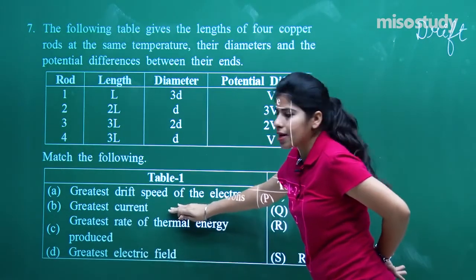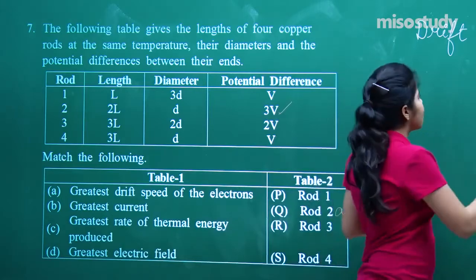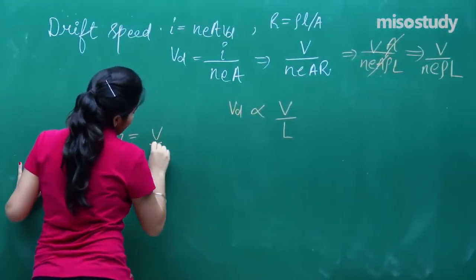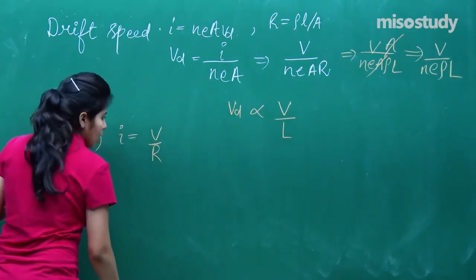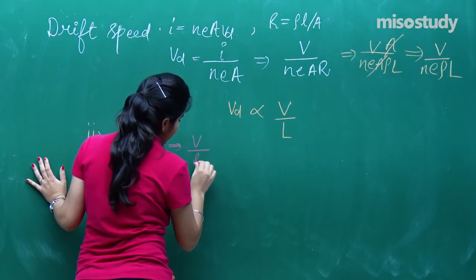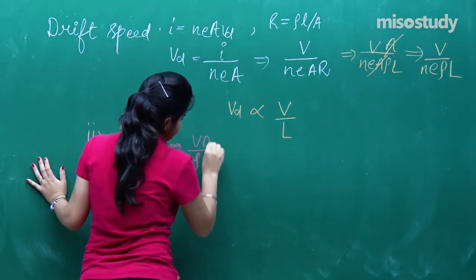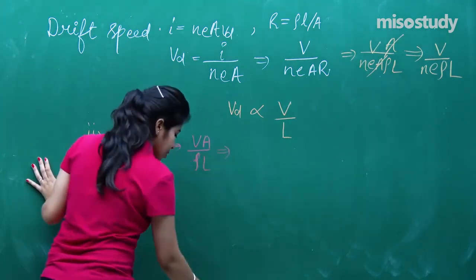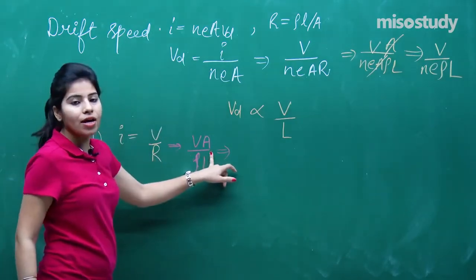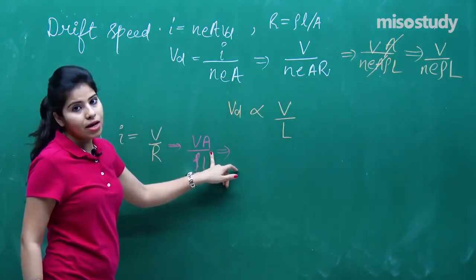Now greatest current. Again, if I am talking about the current, I equals V by R. Now V by R, again you can write this R as rho L by A. And again what we can do is, we can write this area in the form of pi r square.